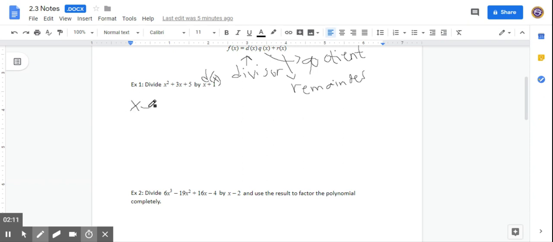And the divisor goes on the outside of our division bracket. Okay, so our divisor goes on the outside, our f of x goes on the inside, which is what we're dividing.